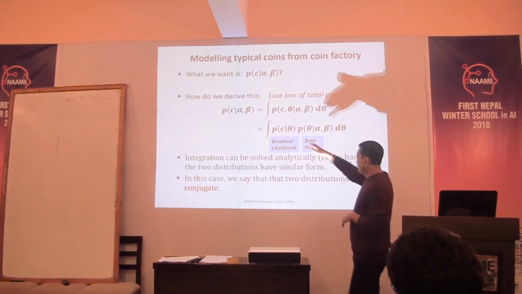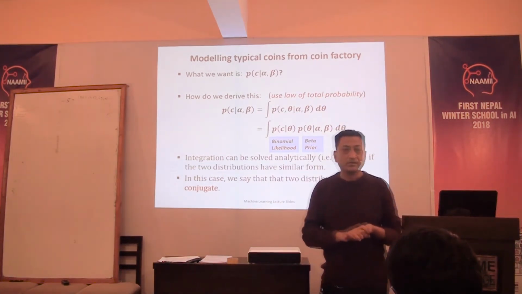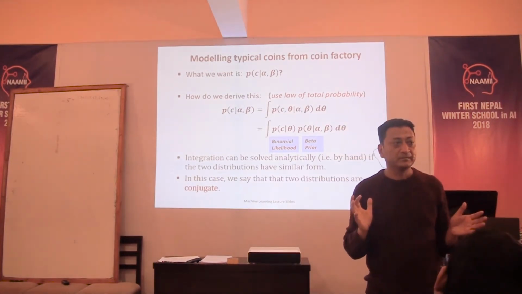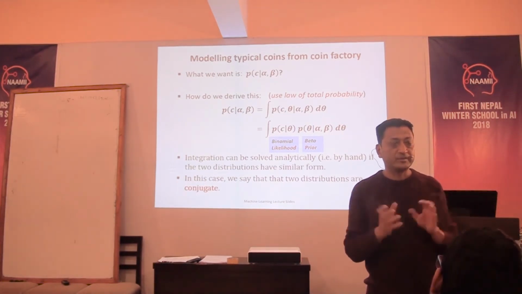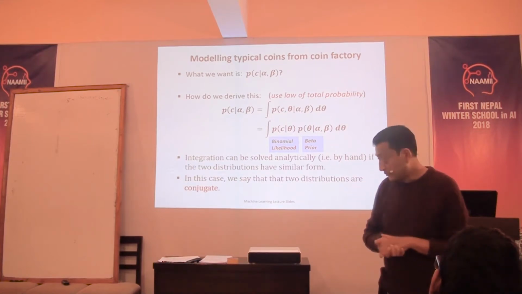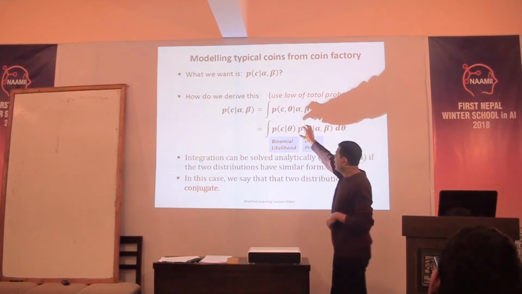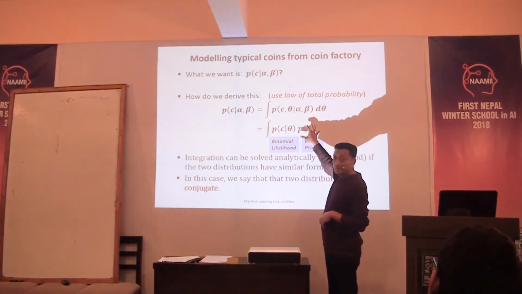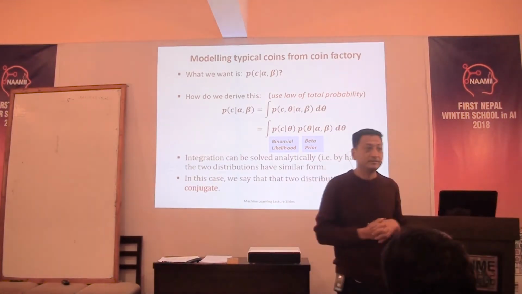So now, typically when you have integrations of this form on pen and paper, it won't always be possible to solve this equation, okay? So integration can be quite difficult depending on the shape of the things you're trying to integrate, okay? So if the shape of this equation and the shape of this equation is the same, then this integration can be solved a lot more easily, okay?